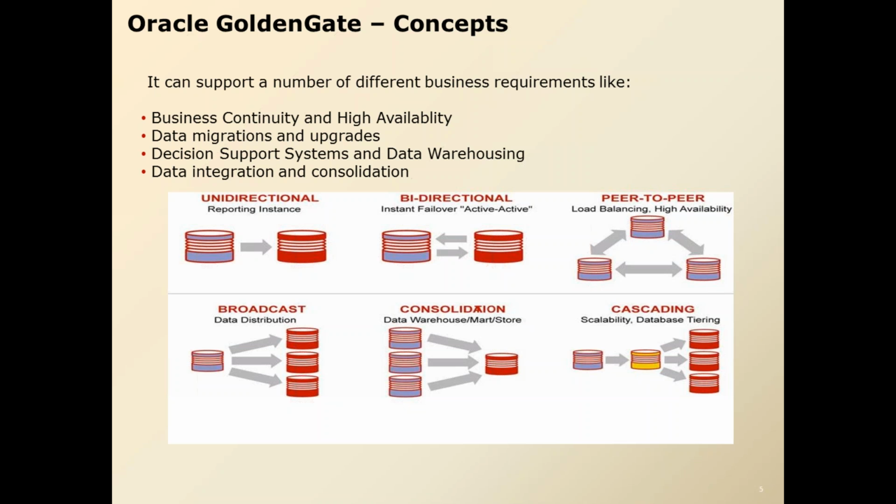As we discussed, suppose your primary database is in Dallas, and the target is in New York. Your Dallas server is down due to some disaster or any other reason. Goldengate ensures that your business continuity is not hampered. Even though Dallas is down, your application can quickly switch over to the New York server.